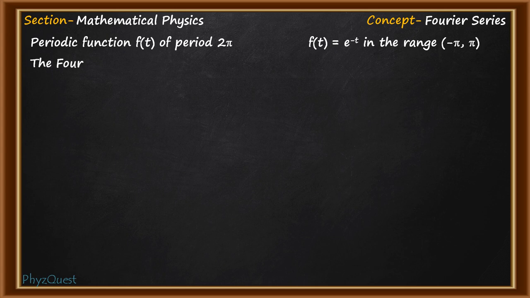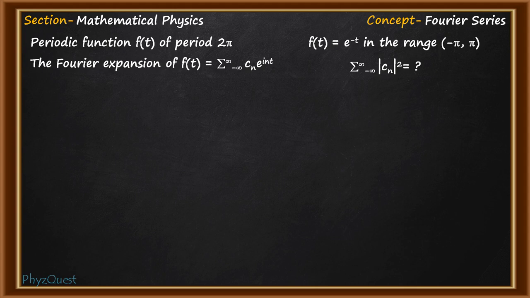The Fourier expansion of f(t) is given as the summation over −∞ to +∞ of c_n e^(int). We need to calculate the summation of modulus of c_n squared. c_n is actually the coefficient of the Fourier expansion. So here we are given the Fourier series expansion and we need to calculate the sum of the square of the coefficients of the Fourier expansion.